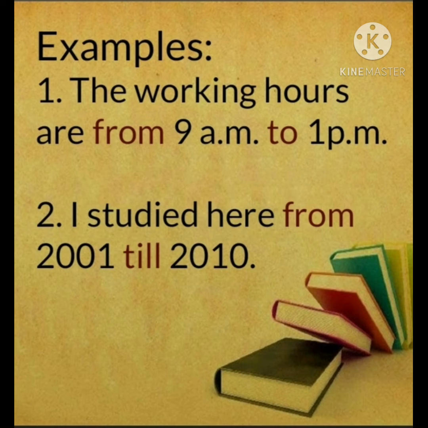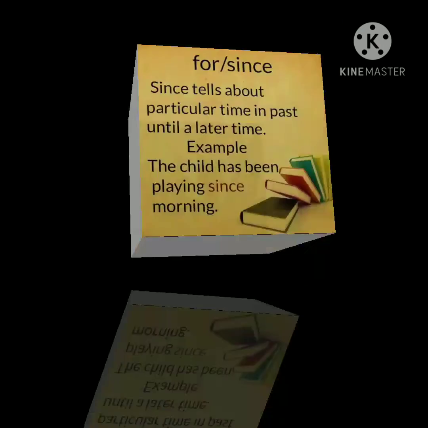That means working hours start at 9 o'clock and are over at 1 o'clock. Next example is, I studied here from 2001 till 2010. That means I joined the institution in 2001 and I left the institution in 2010.